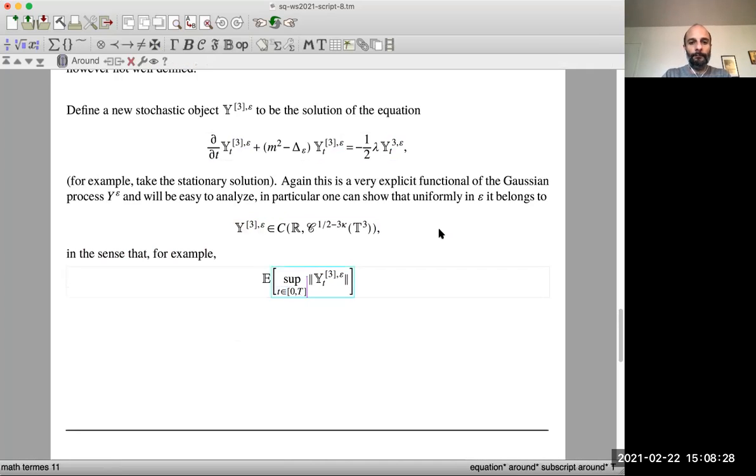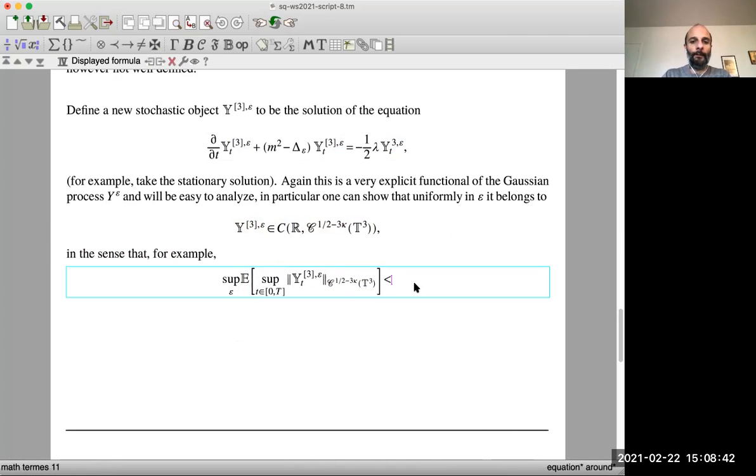In infinite time, it grows, so you have to pay attention. In time, you cannot take the supremum over all time, but essentially you can do something like this, and when you take the supremum over epsilon, you get a finite quantity.